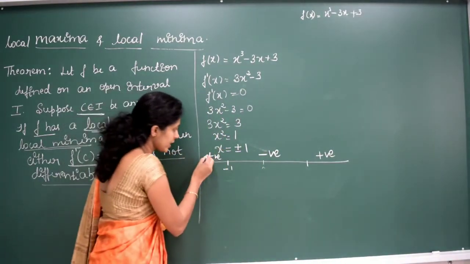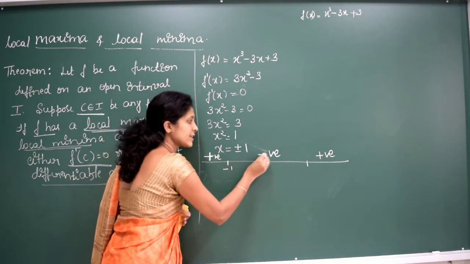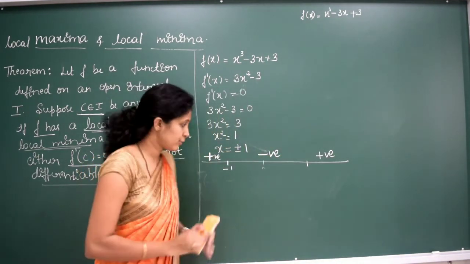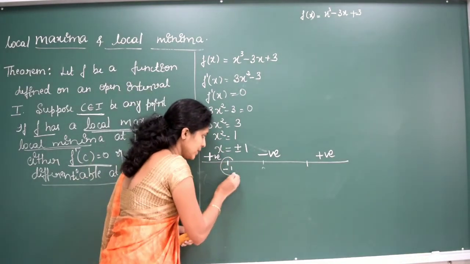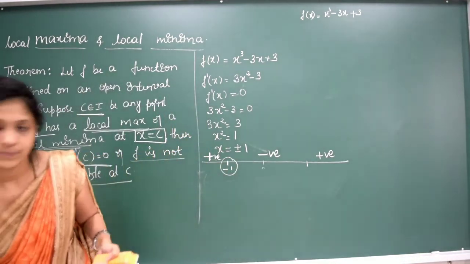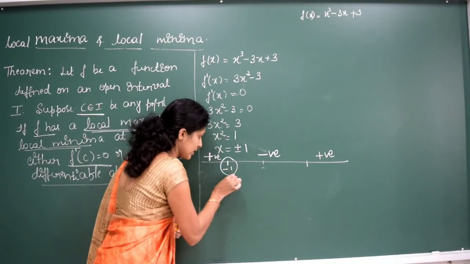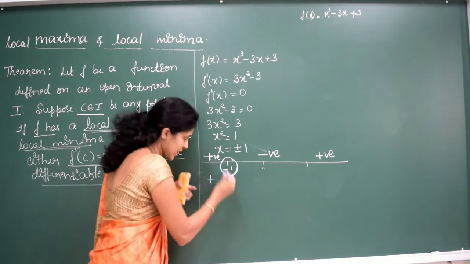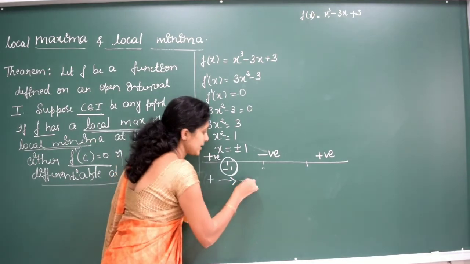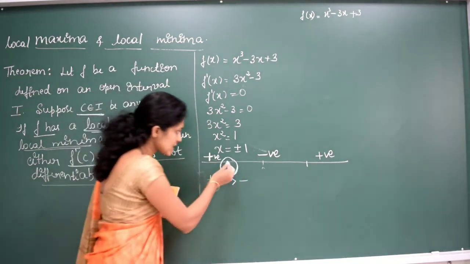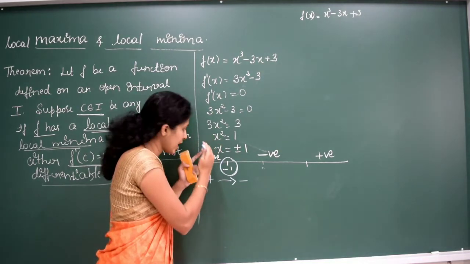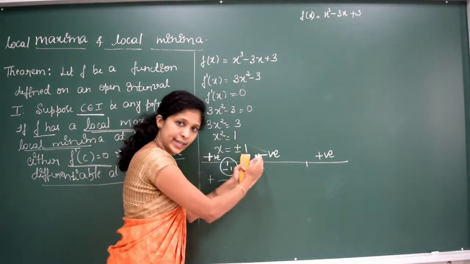Now see here, we got this as positive, this as negative, and this as positive. Now listen carefully. At the point minus 1, f dash of x changes the value from positive to negative.